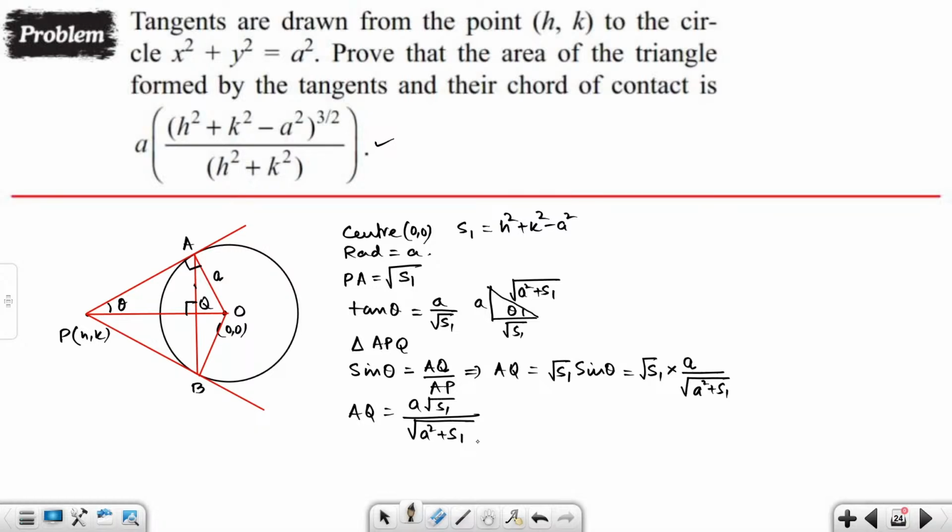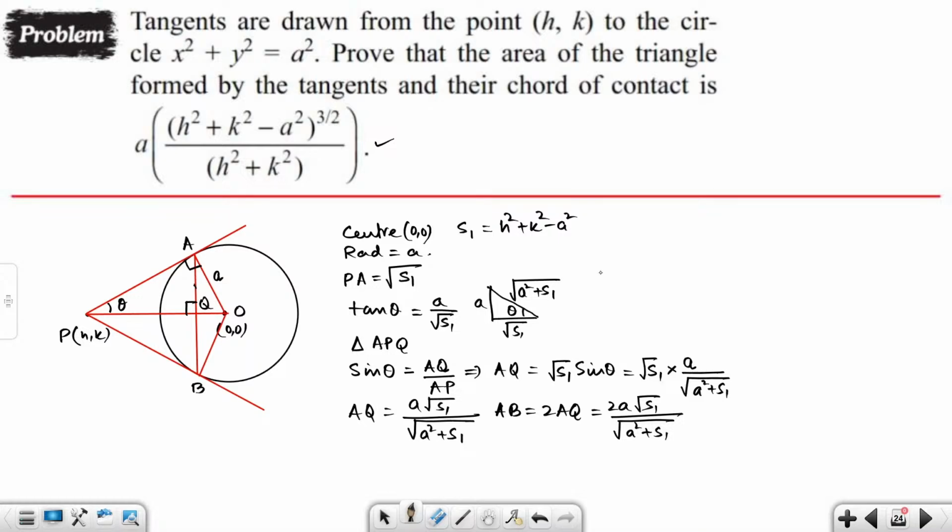Absolutely. Okay. Now, if AQ is this, what is your AB? AB is twice of AQ. So that gives us 2 times A root S1 divided by root over of A square plus S1. That is the length of AB.